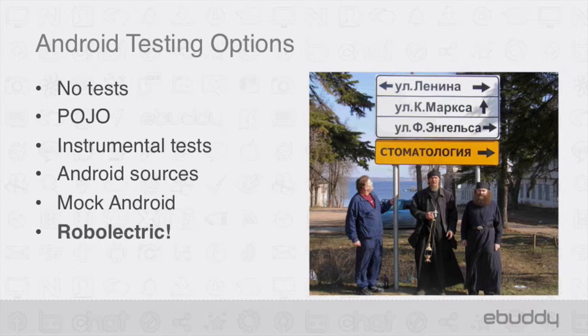This is not the first version of this presentation, and there was a line like use a framework which emulates Android, but actually there is only one framework doing this right now, at least that I know of. So it's Robolectric. Robolectric was created 2 years ago. It started in Xtreme Labs.